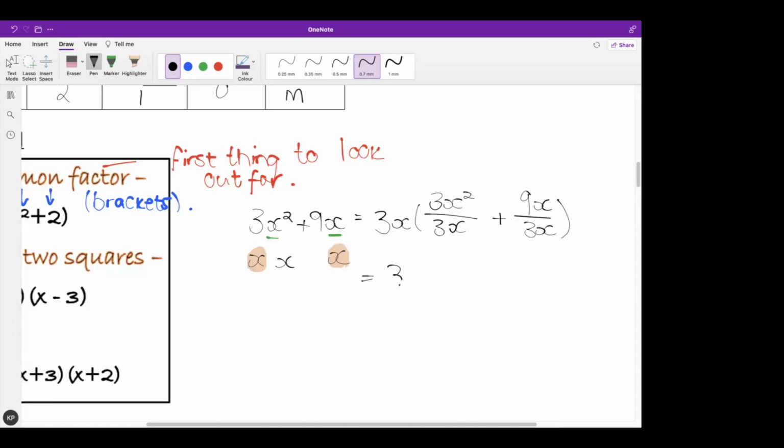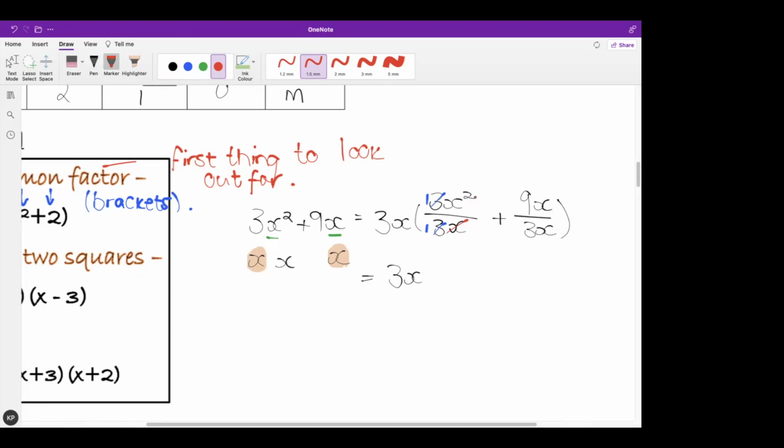Okay, so you write your common factor outside, and now let's look what happens when you divide. 3 divided by 3, what happens to those two? They're gone. It's just 1, right? Yes, thank you. And now I have 2 x's, x squared, and I'm dividing by 1x.